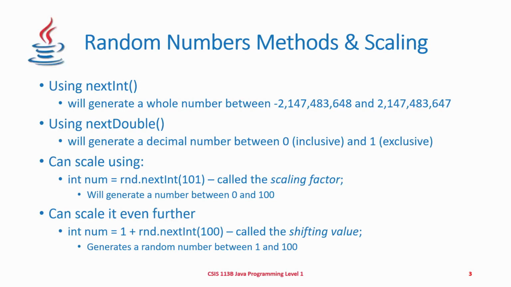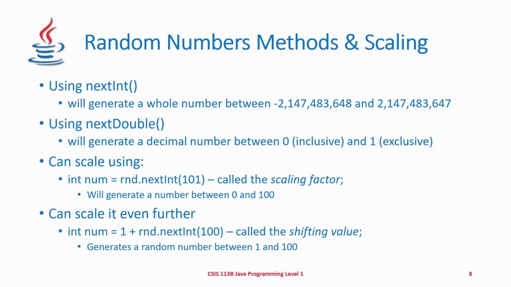Now we can modify that even further. You might think, why do we use 101 there? Well, you have to remember that you're starting with 0. If you count from 0 to 100, you get 101 values. If we wanted to start at 1 and come up with a number between 1 and 100, we would add a shifting value.